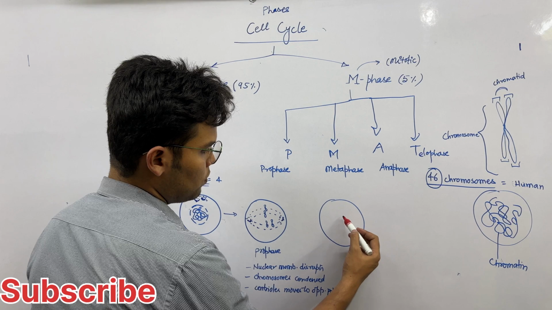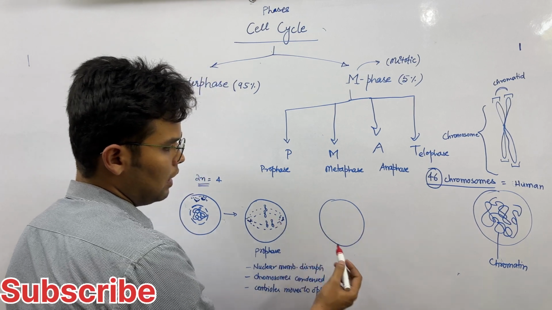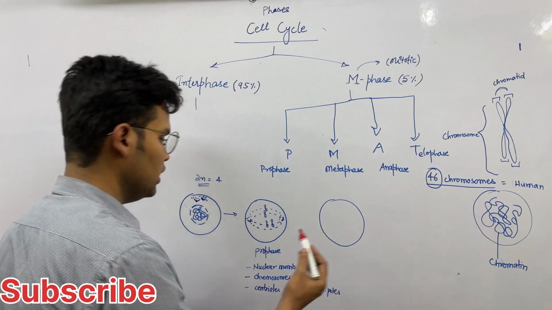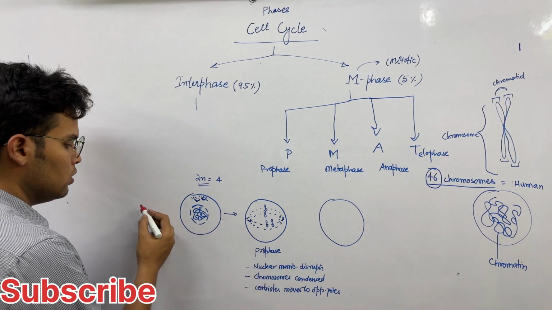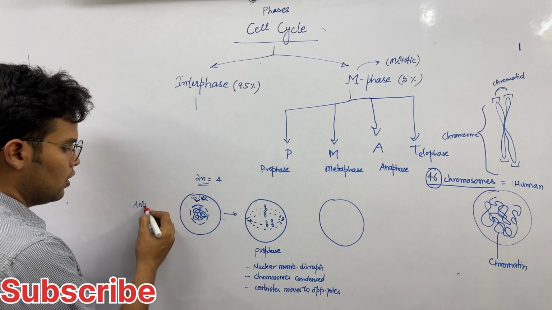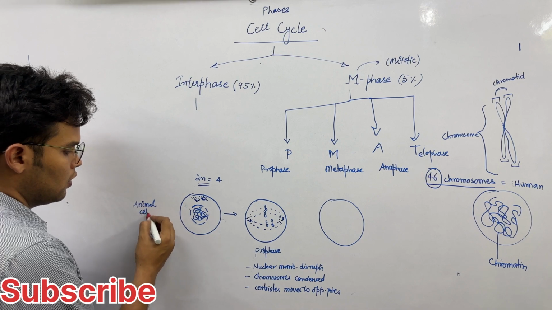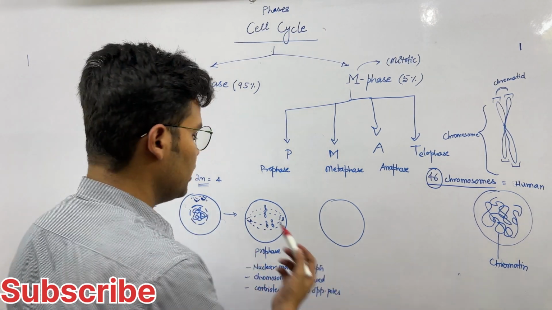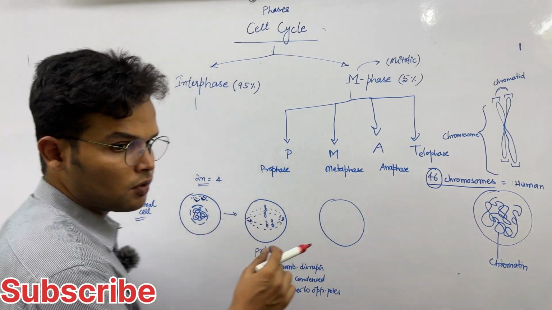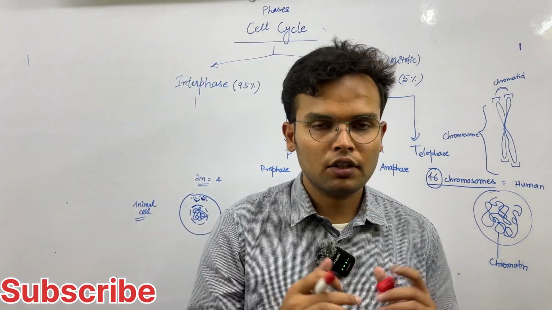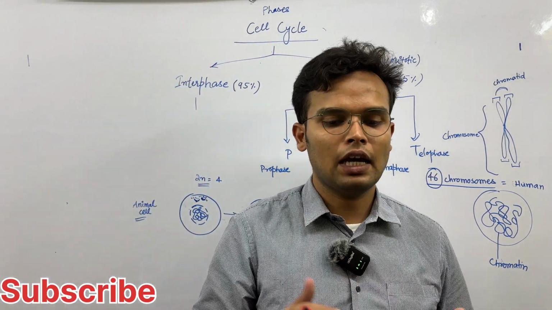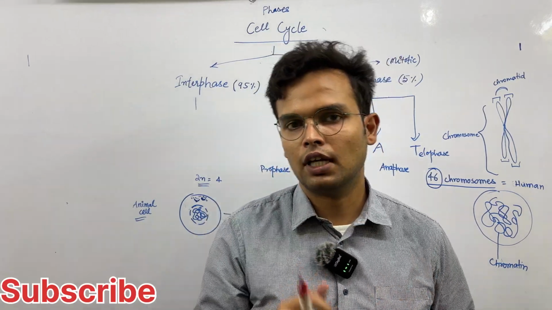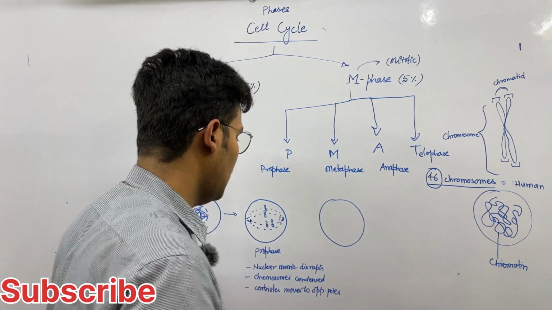Now in metaphase these chromosomes will align in the equatorial region. One more thing, we are discussing the animal cell in which these centrosomes are there, but in a plant cell there is no centrosome; there is a specific condition, that is cell groove formation, and that leads to the formation of the cell plate which helps in cell division in plant cells.